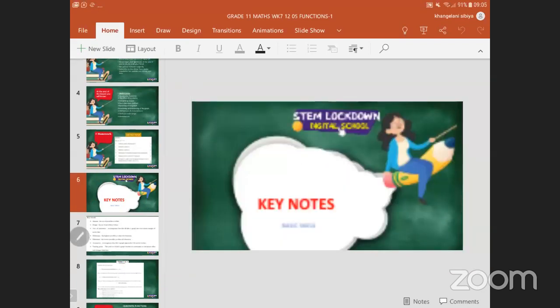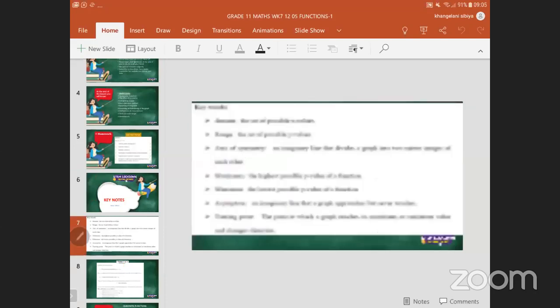Then there are keynotes that we have to take note of, which are basic skills. Okay, we did that one yesterday, which are the domain, range, axis of symmetry, maximum, minimum, asymptotes, and everything.